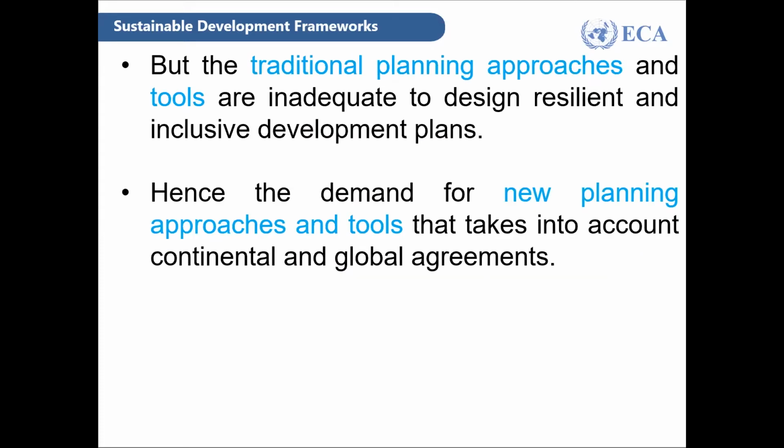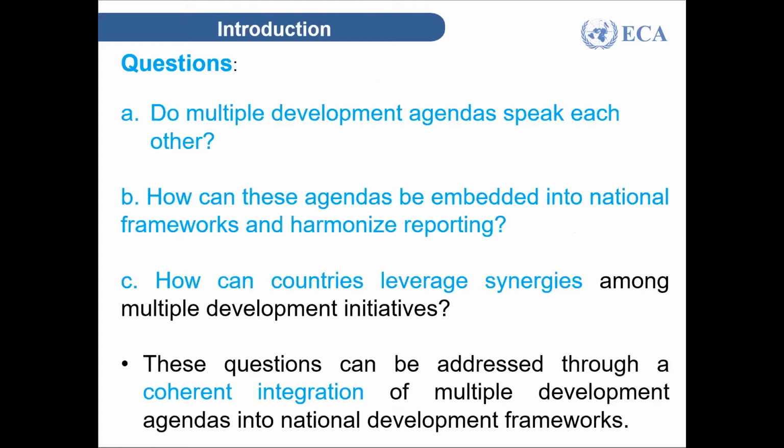But the traditional planning approaches and tools are found to be inadequate in terms of designing resilient and inclusive national development plans. What does that mean? This calls for the need for new planning approaches and also tools that take into account continental and global agreements.